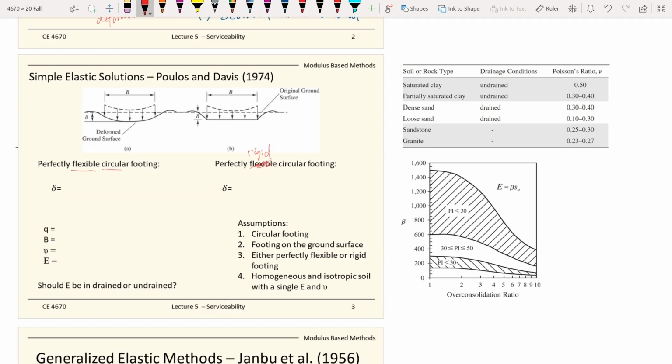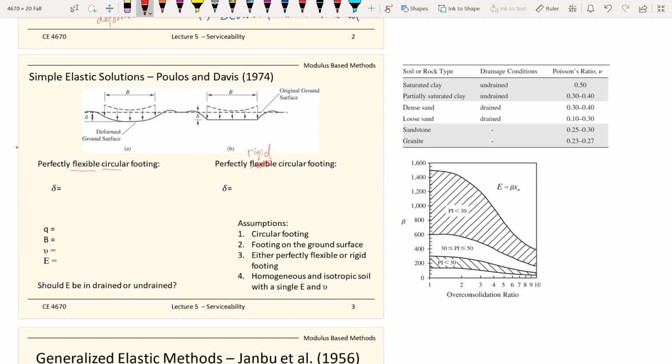So when you load on the ground, the footing is deformed like a smiling face. Versus the rigid one, there's no bending in the footing, so the whole thing deforms uniformly. That's the perfectly rigid circular footing.